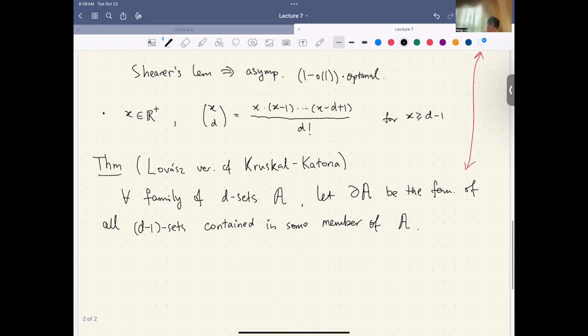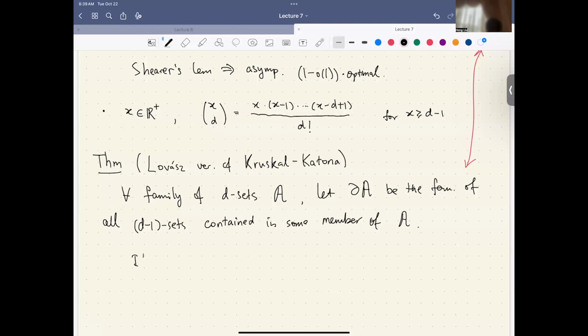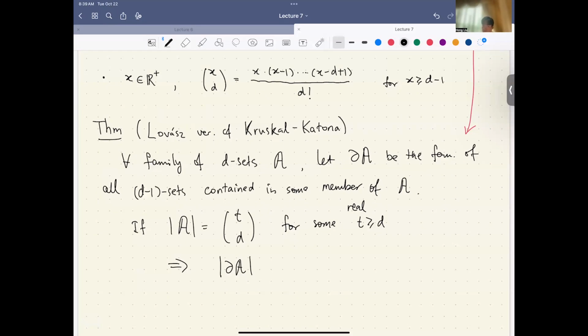Now we have the bound. If the size of A equals T choose d for some positive real T, this is a real number T, then the shadow, the number of d minus 1 sets contained in some d set in this collection, is at least T choose d minus 1.